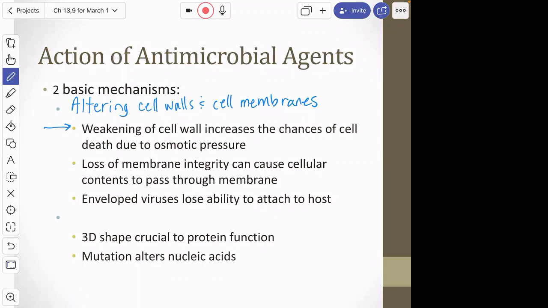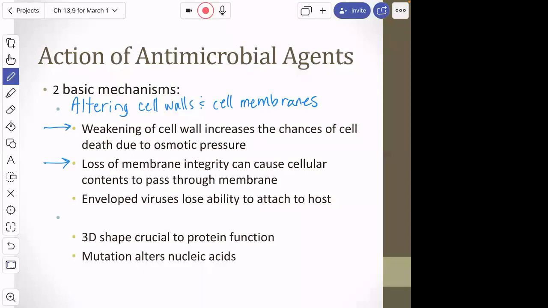lysing. If we lose the integrity of the cell membrane, things pass through the membrane that normally wouldn't. Remember, when the cell's trying to produce energy, it's very important to keep that proton gradient, to keep the protons outside the cell.